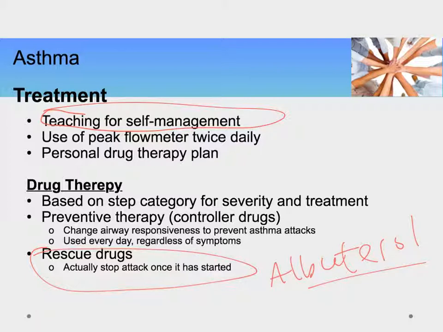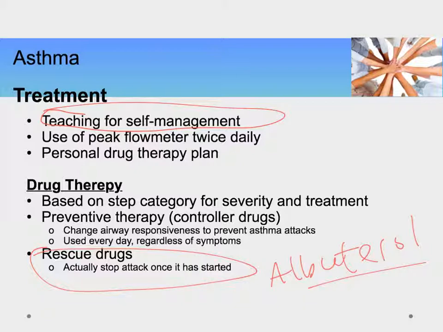Your book has a good table that helps you differentiate between the long-acting and short-acting bronchodilators. And it seems like every day they're coming out with a new inhaler because we're getting really good at producing these good maintenance drug inhalers for patients with asthma and COPD.